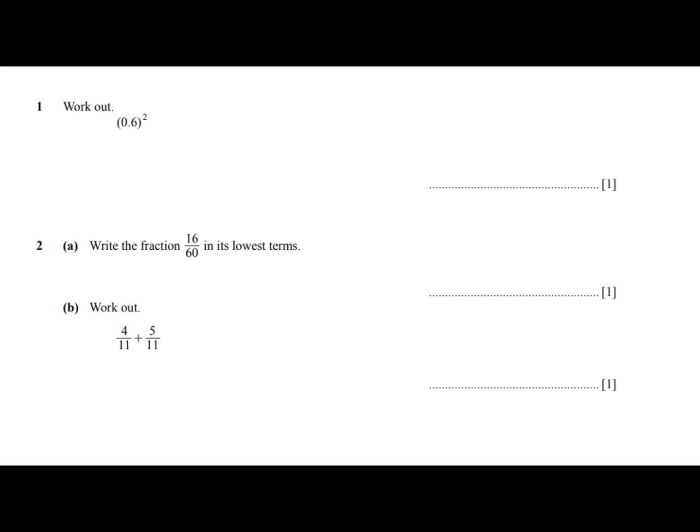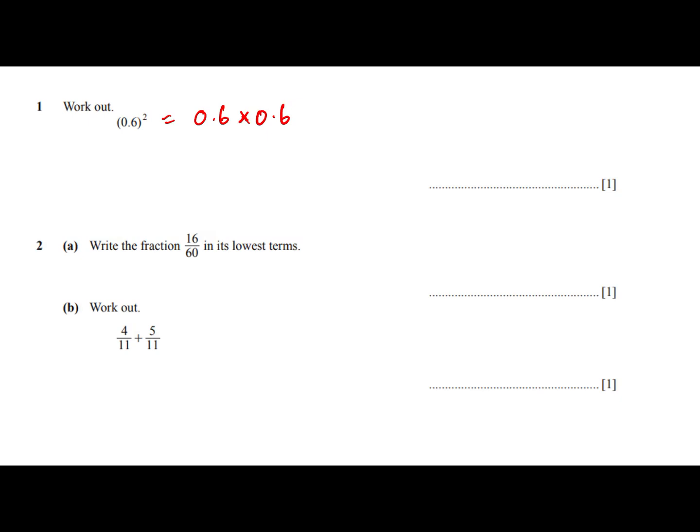So the first question, I was a bit disappointed with this, certainly from the guys in my class. 0.6 squared. I think most of you realise that means it's 0.6 times 0.6, and I got all kinds of crazy answers. Multiplying decimals should be straightforward enough, because basically you don't multiply decimals together.